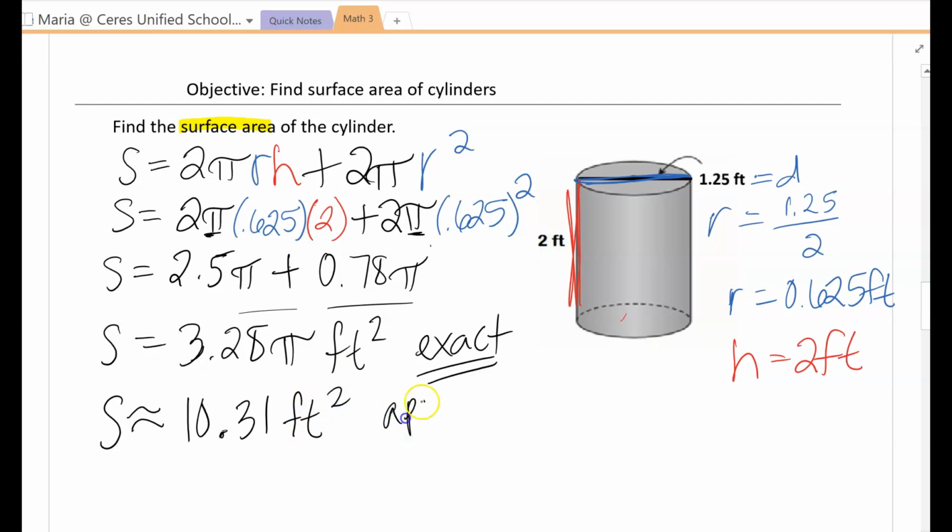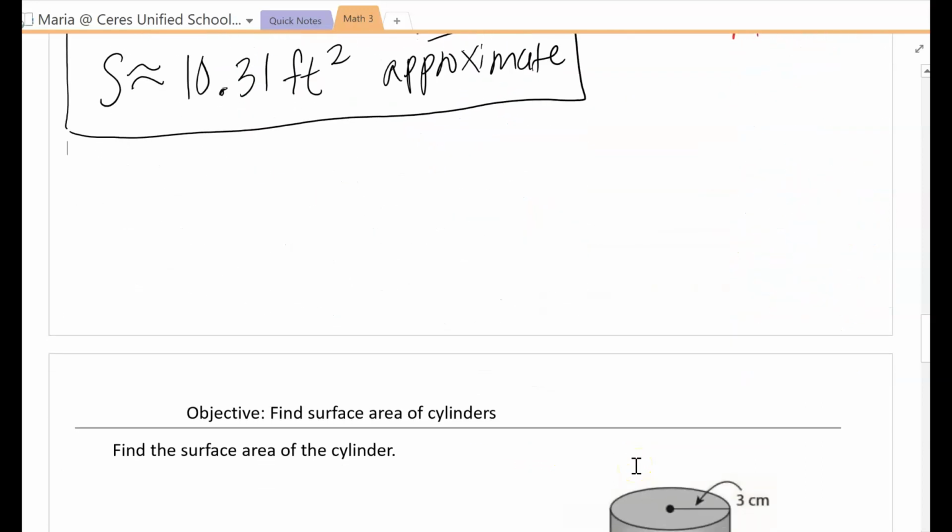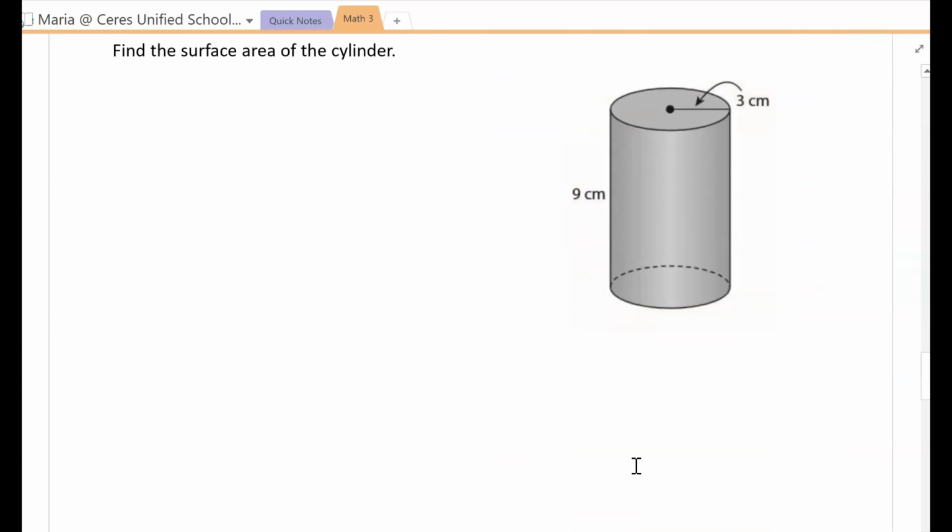Okay, so this one is your approximate answer. And then the 3.28 pi feet squared is the exact answer, okay? So usually it's going to ask you for two answers. It'll say find the exact and the approximate. If it doesn't ask for the exact, then you can go straight to just do 10.31 would be your final answer, okay?